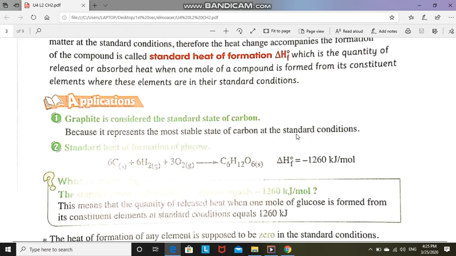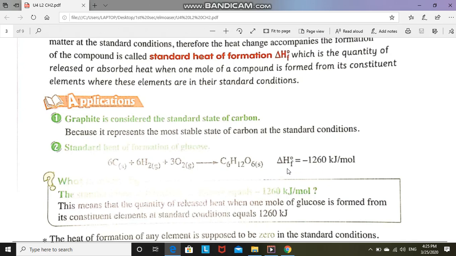Okay, here at the end it means I need only 1 mole produced from these atoms. So, standard heat of formation of glucose. If we wanted to produce 1 mole of glucose, it will release very high energy due to formation of bonds, so the reaction is exothermic. Okay, and heat of formation will have a negative sign.